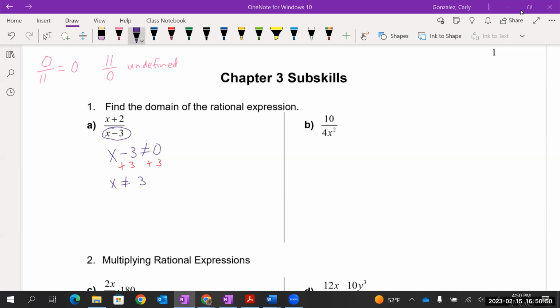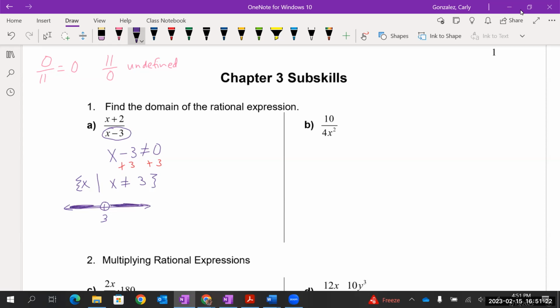So in set builder notation, we could write that as all x values such that x does not equal 3. Now, if we also wanted to include interval notation, let's think about that. We have all numbers on the number line except for 3. So in essence, we have to the left of 3 and to the right of 3, it's just not equal to 3.